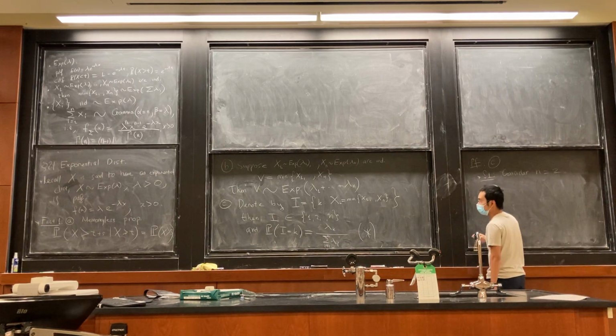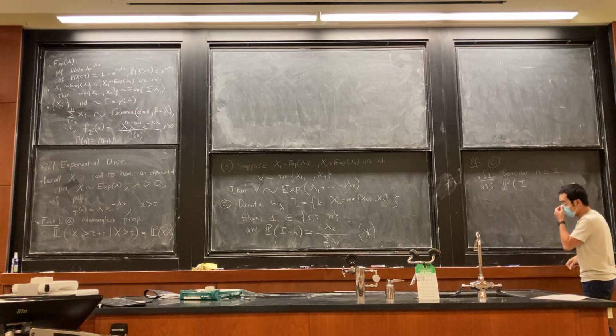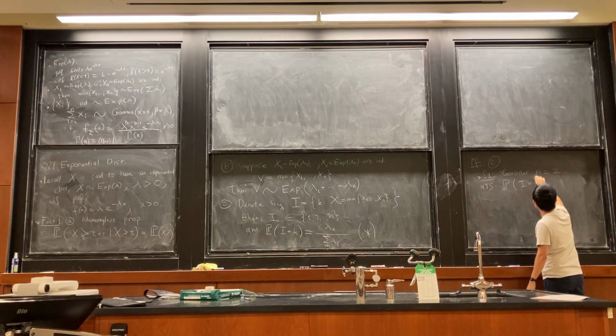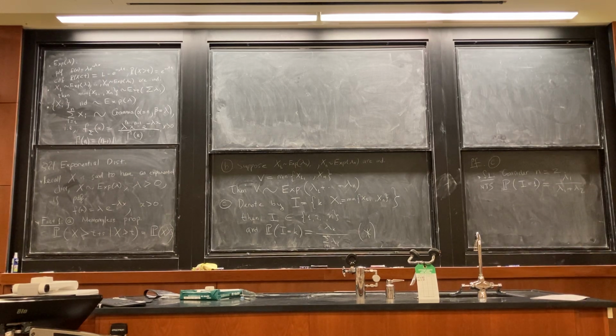So here I want to show the probability that the index of the minimum being 1 is lambda 1 over lambda 1 plus lambda 2. This is pretty much your calculus.